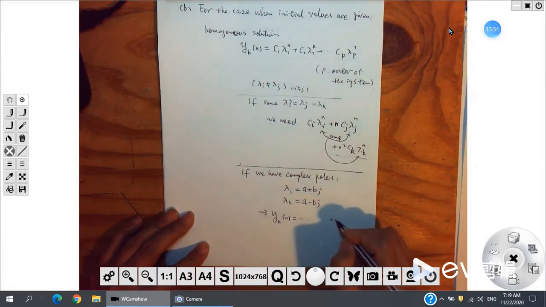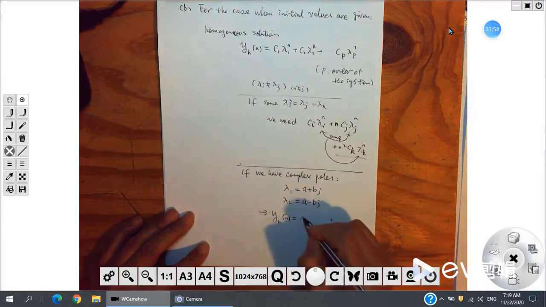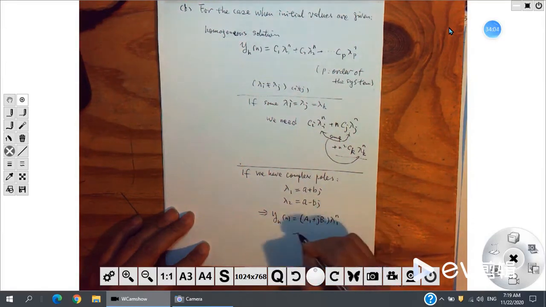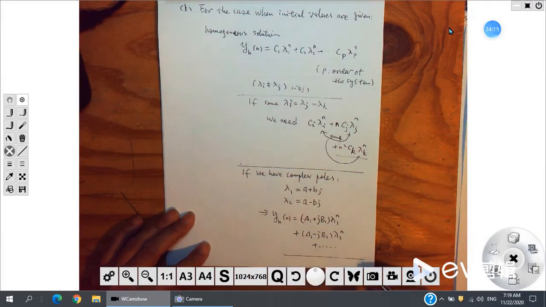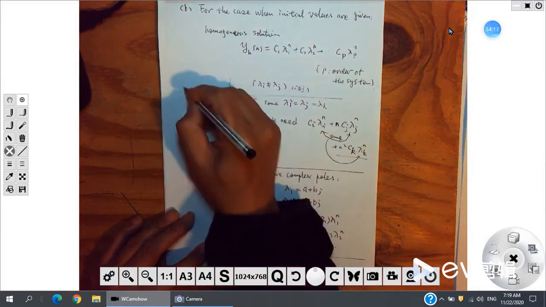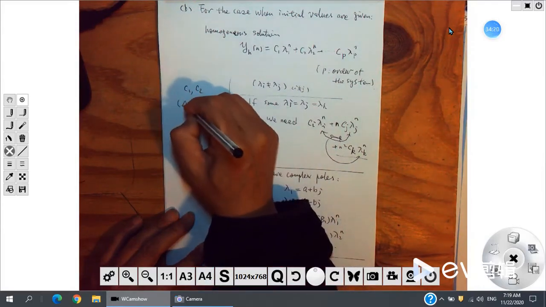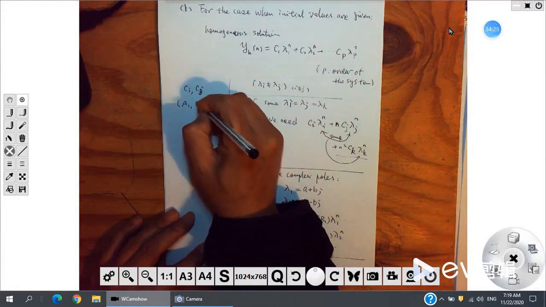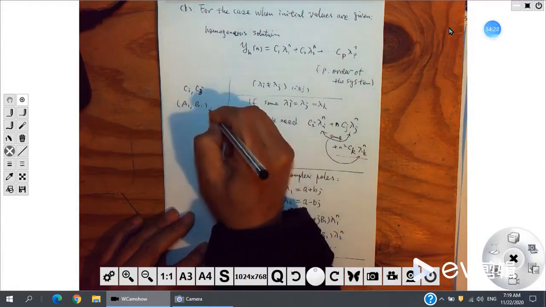Maybe you have more terms, but for these two you have a1 plus j b1 times lambda 1 to the n, and add a1 minus j b1 times lambda 2 to the n, and so on. Okay, so things like this, and all of these C1, C2, Ci, Cj, and A1, B1, they are arbitrary numbers.